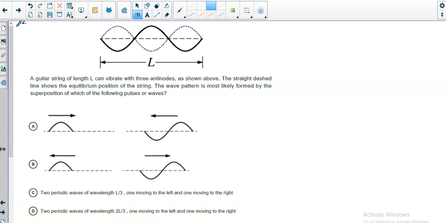Left and right. D is two periodic waves of wavelength 2L over 3. That makes more sense because I got 3 halves of a wave there. So the 2 over 3 makes a heck of a lot more sense.